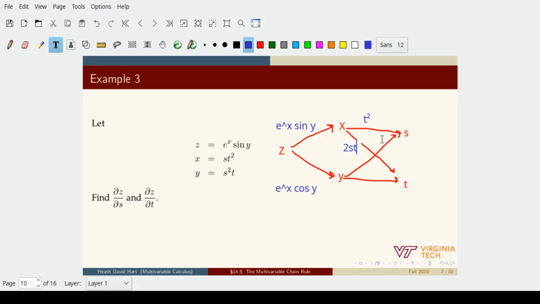The derivative of y with respect to s turns out to also be 2st. And the derivative of y with respect to t is s squared. Okay?